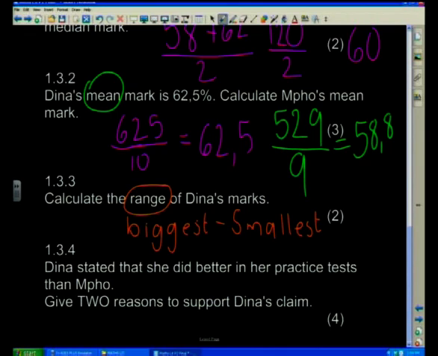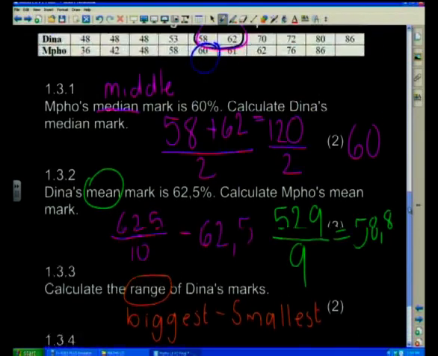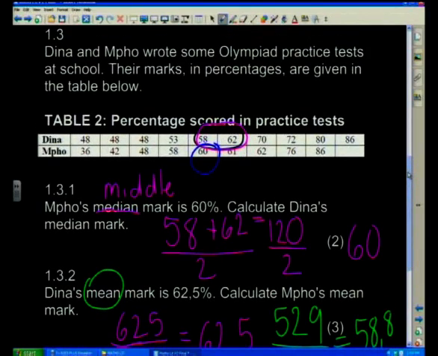So we go back to our table with our marks. And we should check that they're in order first. We should have checked that in the beginning, that they're in order from the smallest mark to the biggest mark. I just saw that they were in order, so I carried on. I forgot to mention that. Are they in order? Yes.